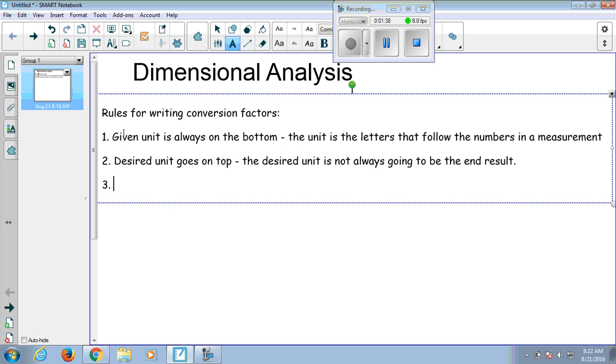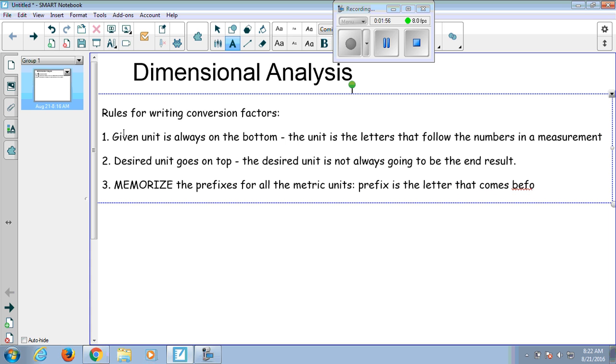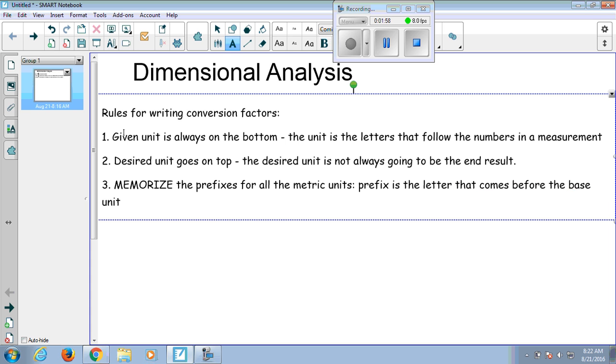Third thing to remember, you have to memorize the prefixes for all the metric units. The prefix is the letter that comes before the base unit.